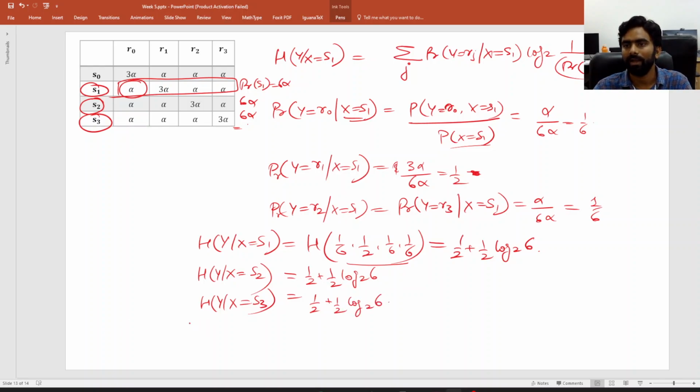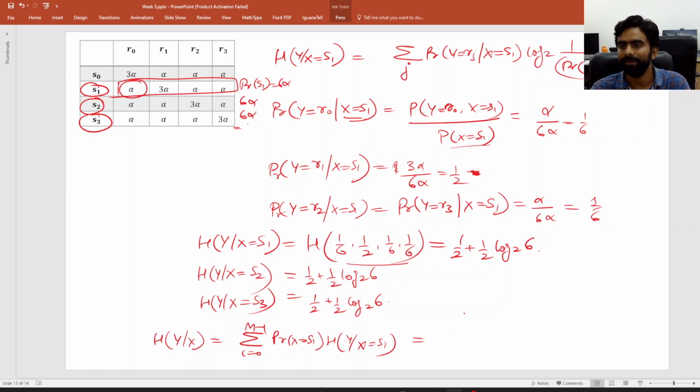Now we can apply the final formula, the sum over i equal to 0 to m minus 1 of the probability of x equal to si times h of y given x equal to si, which we have calculated.